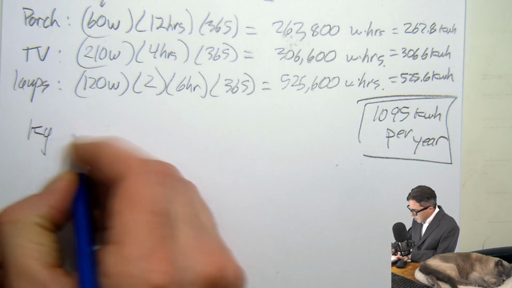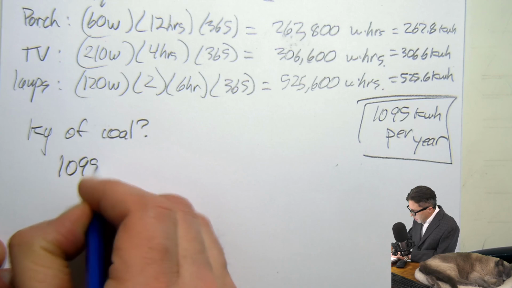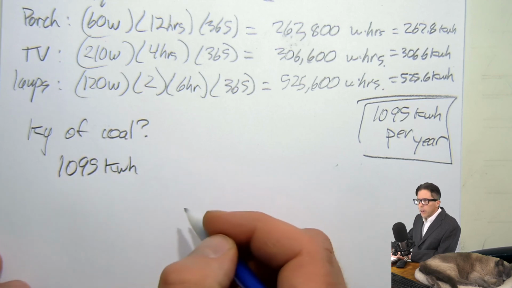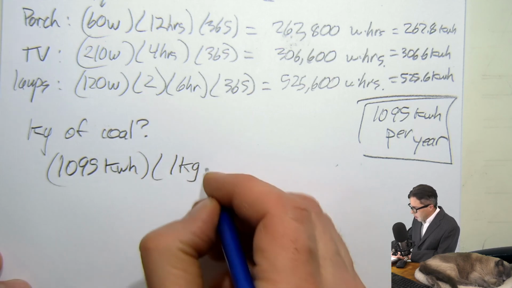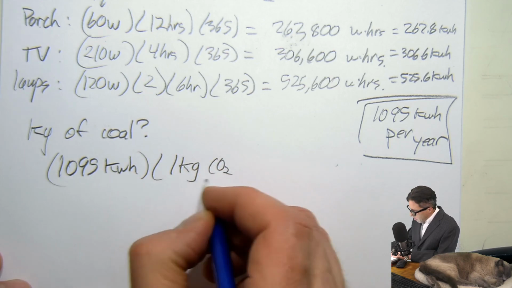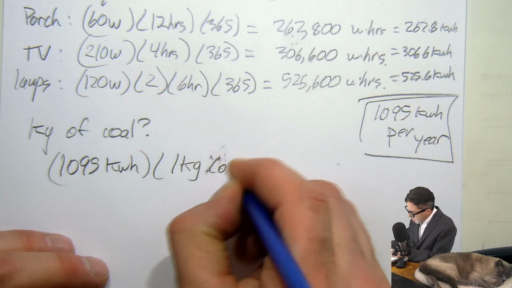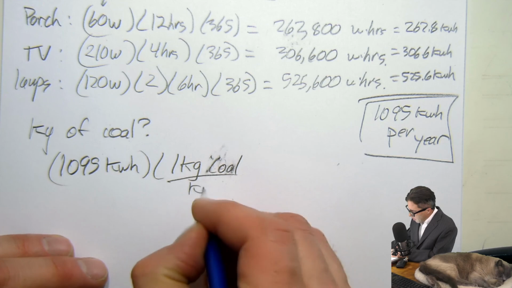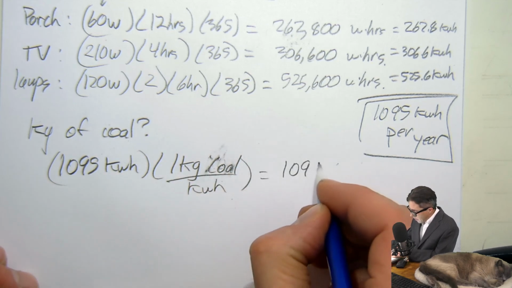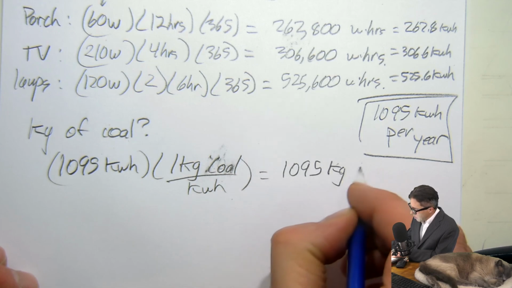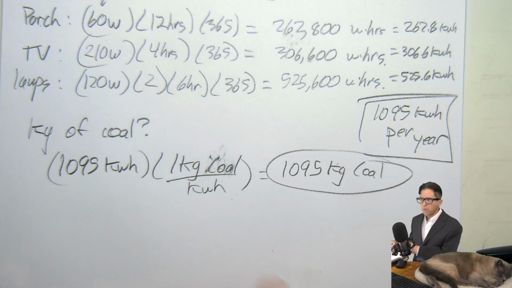So kilograms of coal, well, I can take that many kilowatt hours, 1,095, 1 kilogram of coal for every kilowatt hour means I get 1,095 kilograms of coal, right? That's pretty easy calculation. You're just multiplying by 1, right?